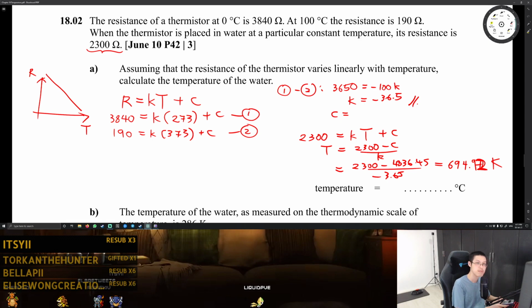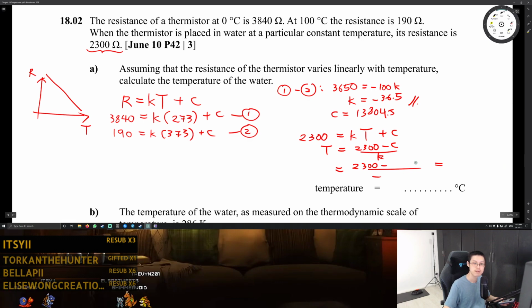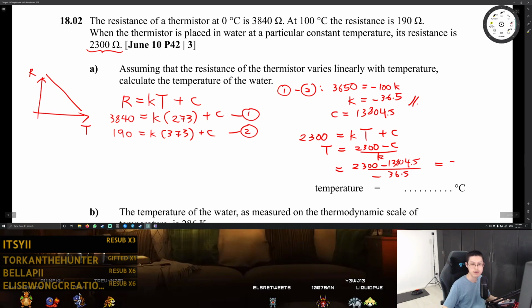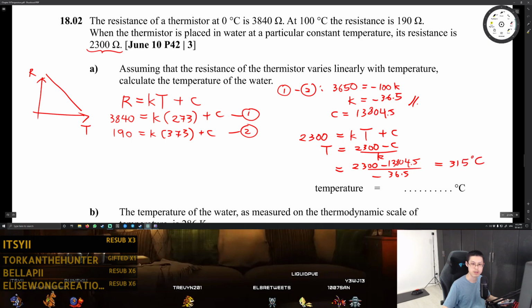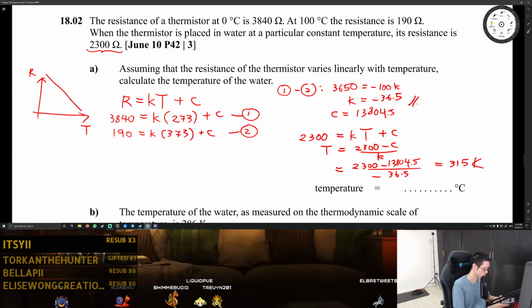Okay, C should be 13804.5. 315 kelvins. Then subtract that with 273.